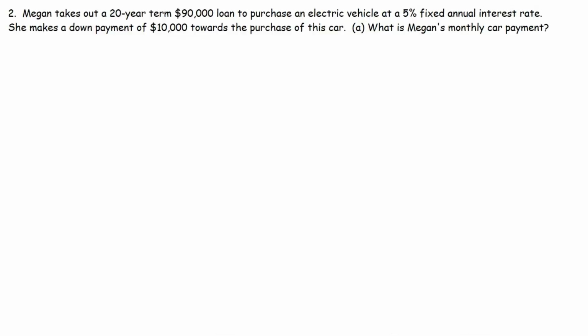Now let's work on another example. It's very similar but slightly different. Megan takes out a 20-year term, $90,000 loan to purchase an electric vehicle at a 5% fixed annual interest rate. Now she makes a down payment of $10,000 towards the purchase of this car. What is Megan's monthly car payment?